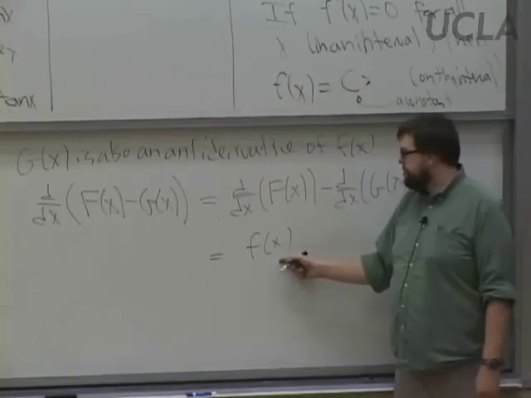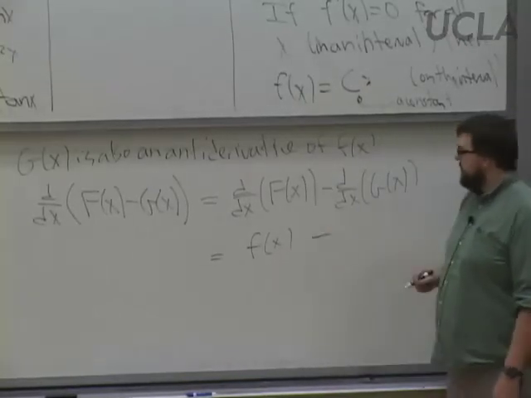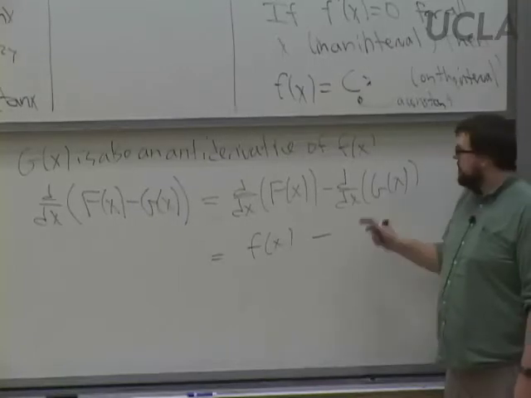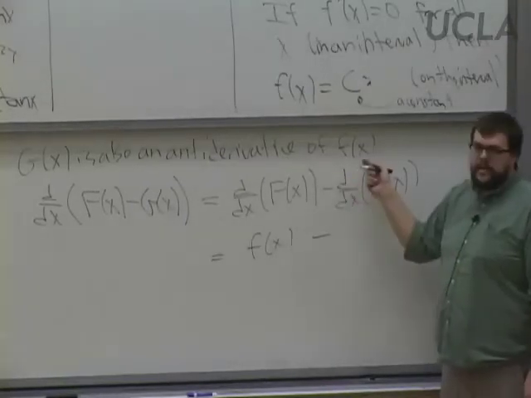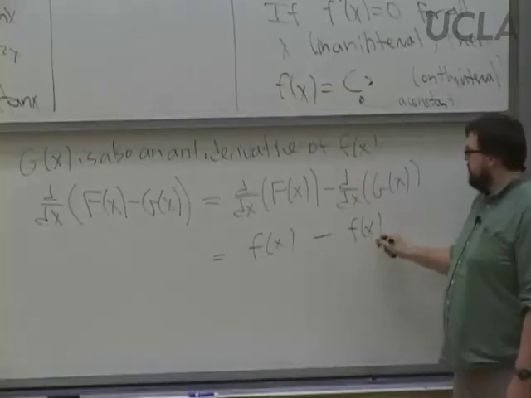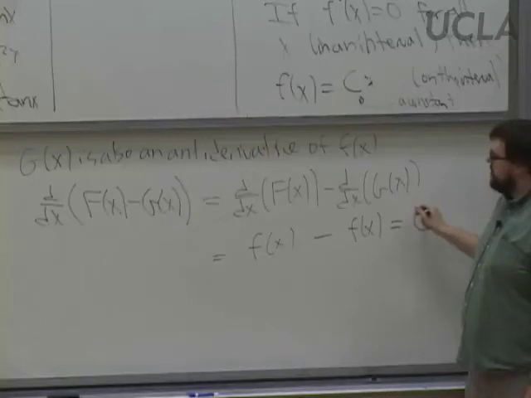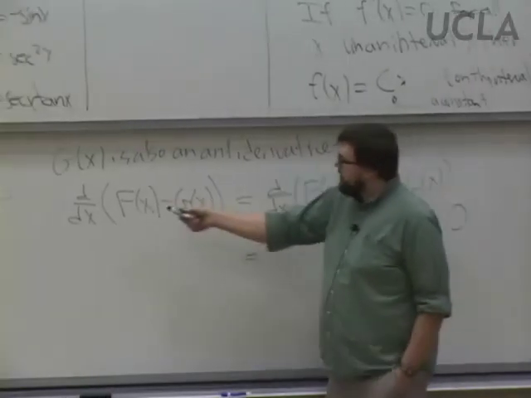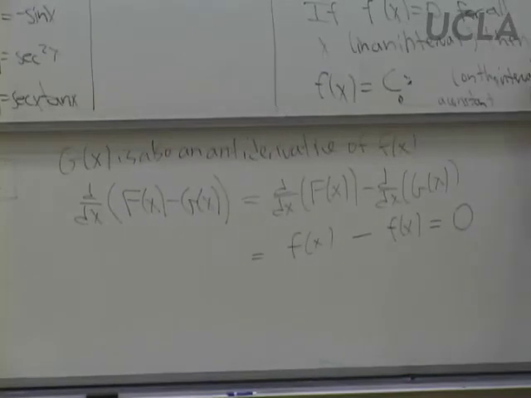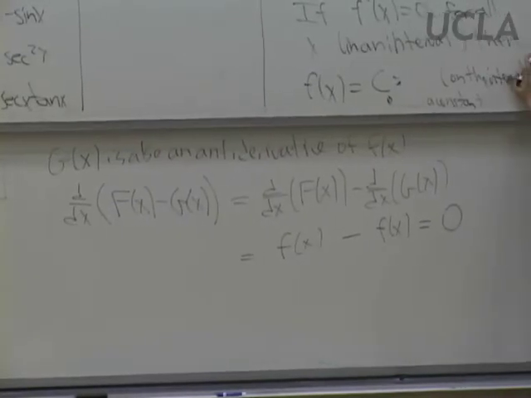Okay. What do we know about the derivative of g of x? It's also f of x, because it's also an antiderivative of f of x. And what is this? 0. So I know that the derivative of capital F minus capital G is 0. Now, what do we know about functions with derivative of 0?